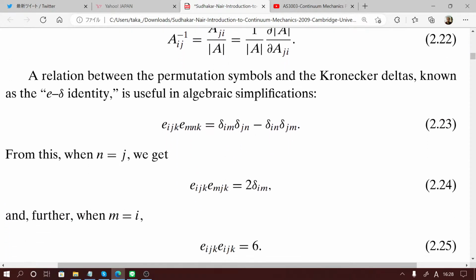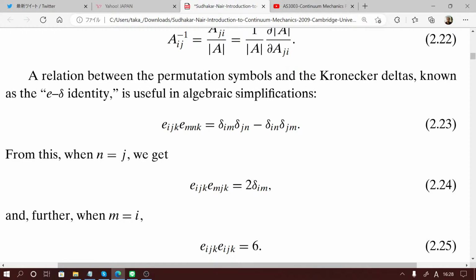Oh, it's complicated. A relation between the permutation symbols and Kronecker deltas, known as the epsilon-delta identity, is useful in algebraic simplification. Epsilon ijk epsilon kmn is delta im delta jn minus delta in delta jm.